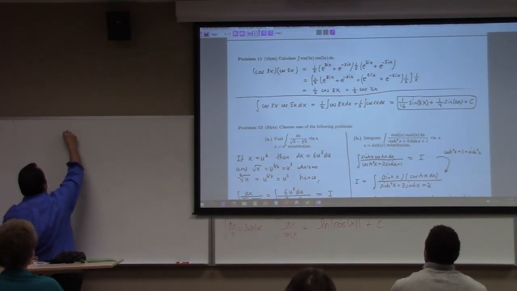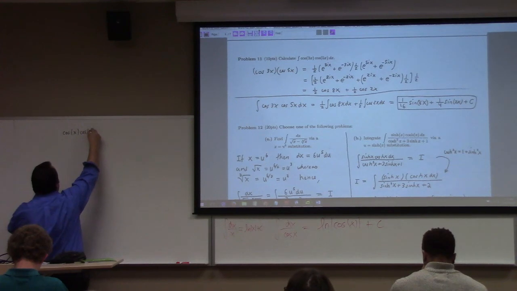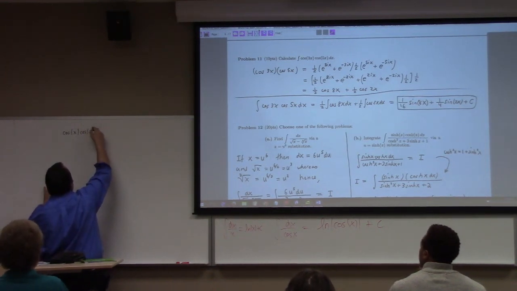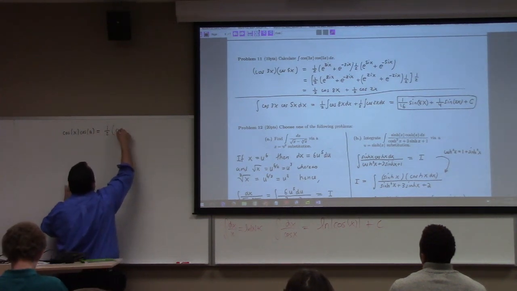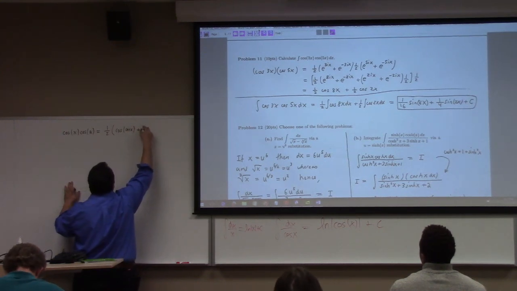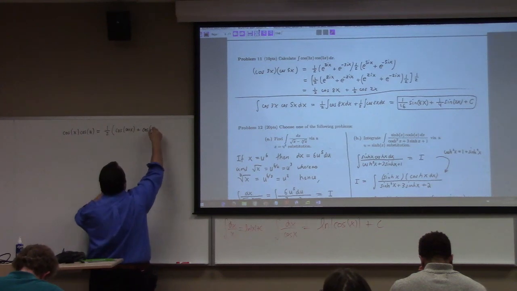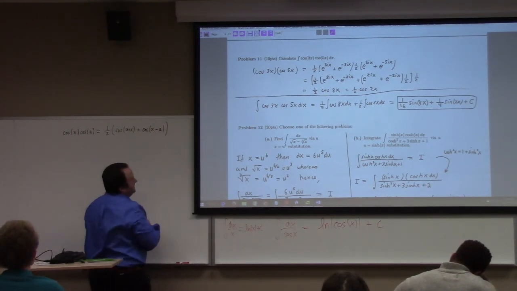If we have the cosine of x times the cosine of, let's say, a, that works out to 1/2 the cosine of a plus x plus the cosine of x minus a.